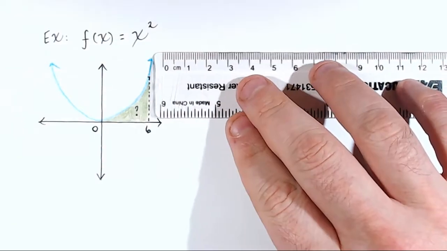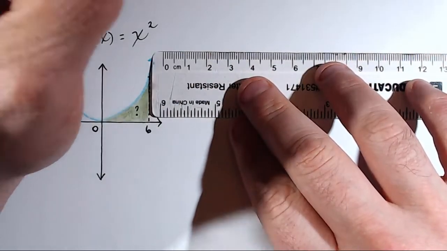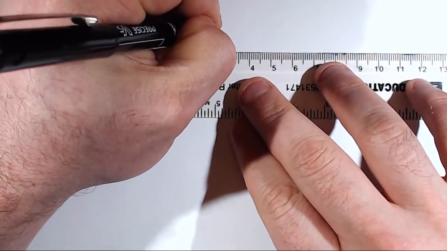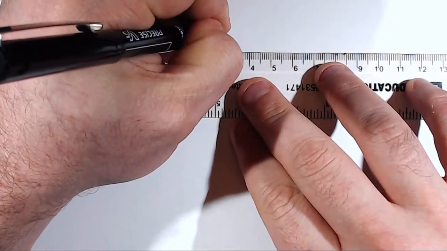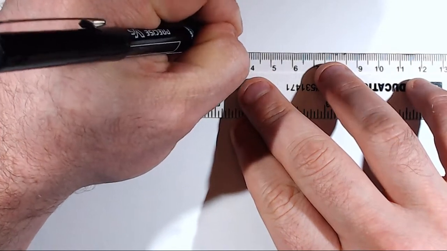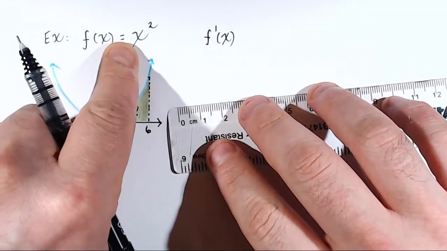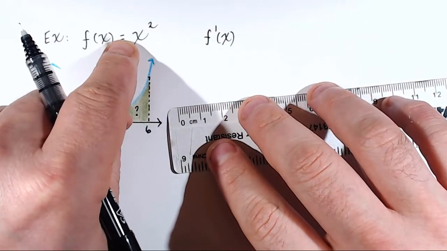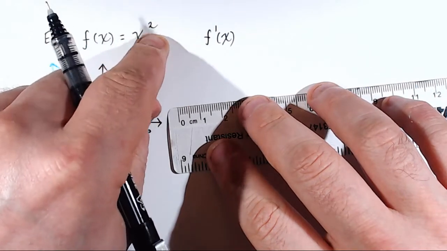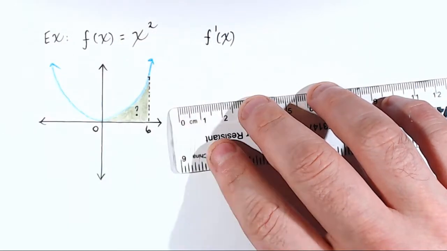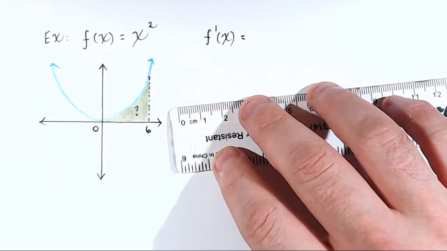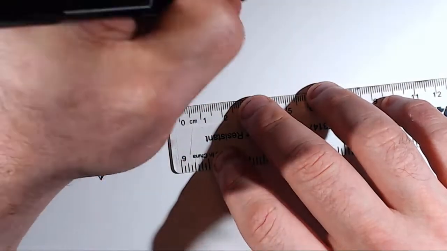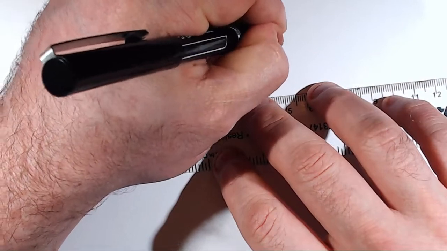Remember, when we take the derivative of a function, let's just take the derivative of this function, f prime of x. We bring down the 2 in front of the x, and then you'll have 2x raised to the, and then we subtract 1 from the exponent. So the derivative of this function is 2x.